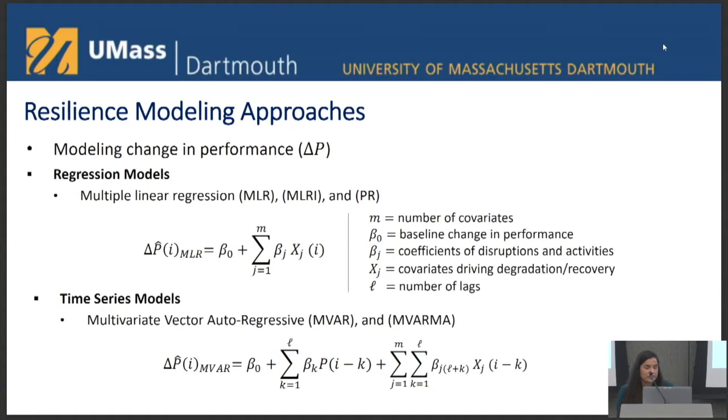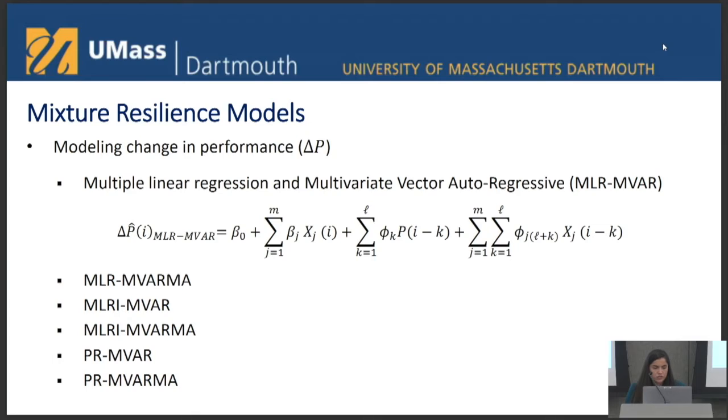And time series models are kind of similar. However, instead of using covariates in the present time step, we use covariates and performance in the previous steps to predict the current step right now. So what I'm actually proposing here is the mixture approach. We are actually mixing it up, regression and time series.